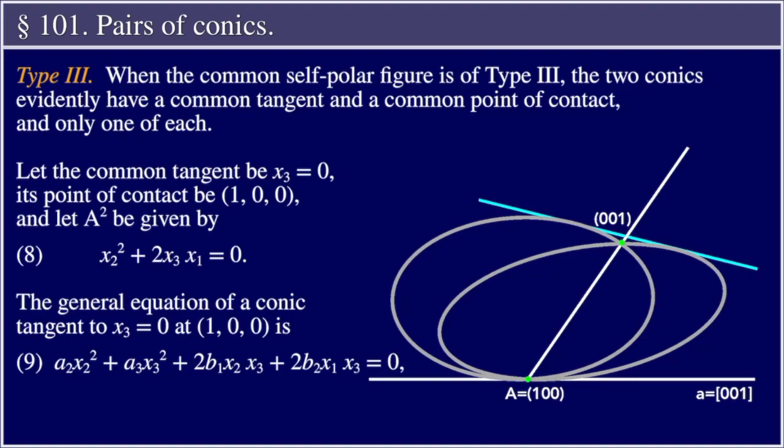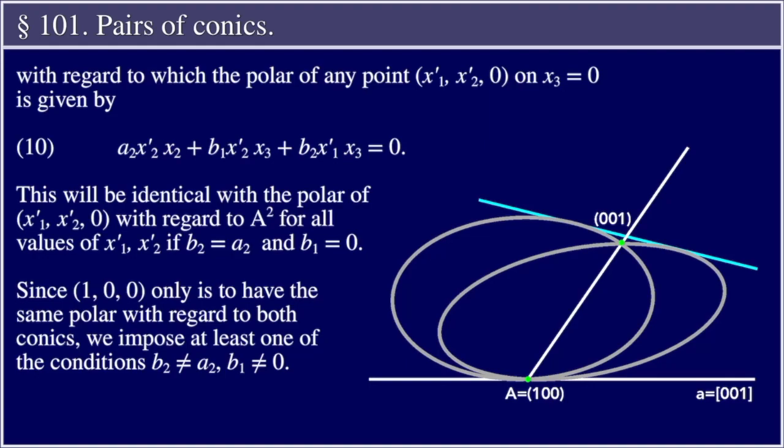The general equation of a conic tangent to x3 equals 0 at 1, 0, 0 is equation 9, a2 x2 squared plus a3 x3 squared plus 2 b1 x2 x3 plus 2 b2 x1 x3 equals 0, with regard to which the polar of any point x1 prime, x2 prime, 0 on x3 equals 0 is given by equation 10, a2 x2 prime x2 plus b1 x2 prime x3 plus b2 x1 prime x3 equals 0.